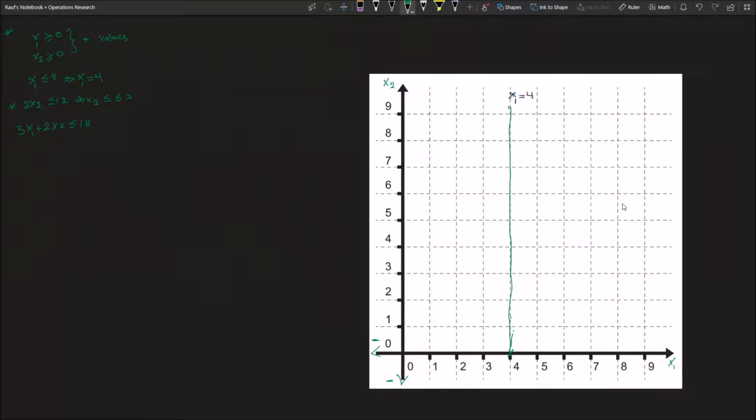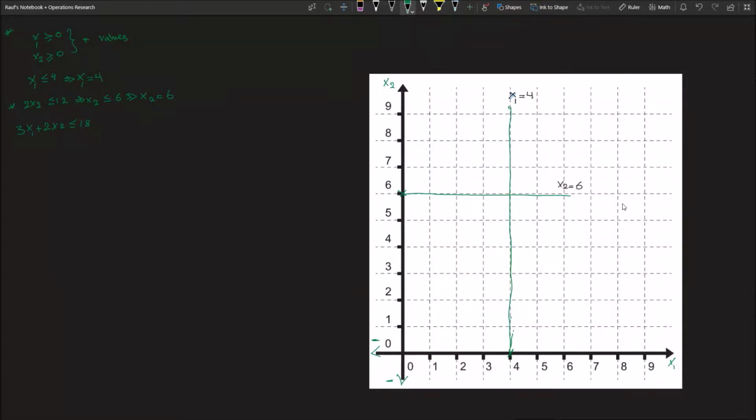And for the sake of graphical representation, we can say x2 equals 6. If we take a horizontal line in this case, we can call this the x2 equals 6 line. So that's a line with the equation x2 equals 6.